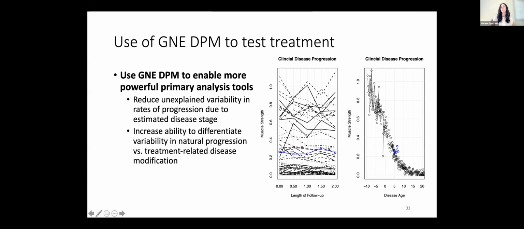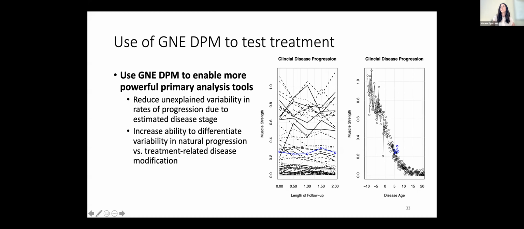So this individual plotted in blue, if I look at them just on this plot, it's really hard to determine: is this individual progressing as we would expect under natural progression, or is there evidence for some slowing in disease progression?